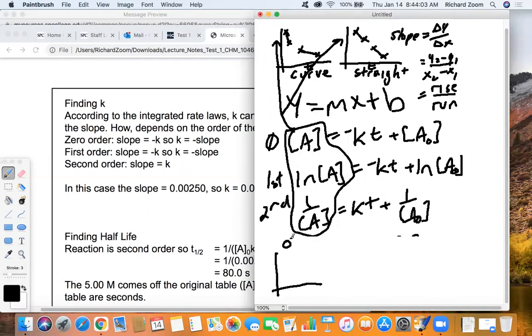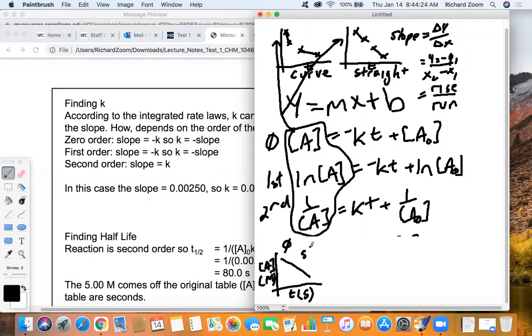So if you've got zero order, then we have A. The unit of A is going to be molar or molarity, and time, and I'm just going to say seconds just for kicks, but it could be any unit really. And the slope, let's see, it's going to look like this.